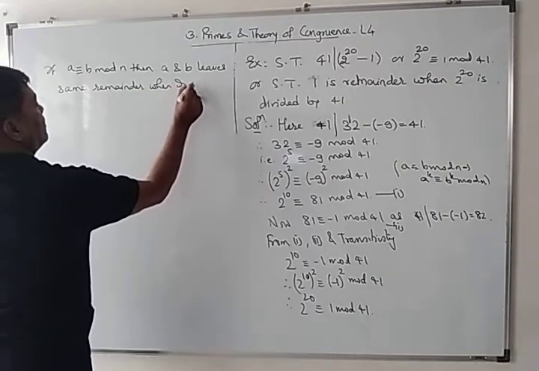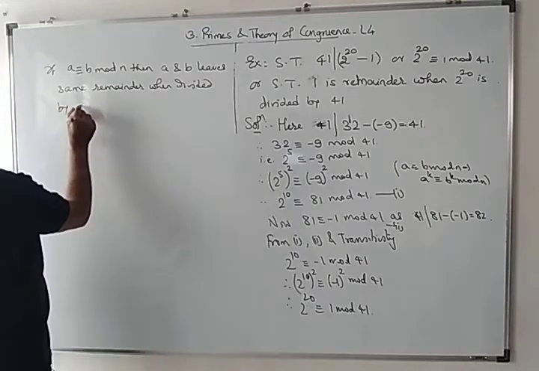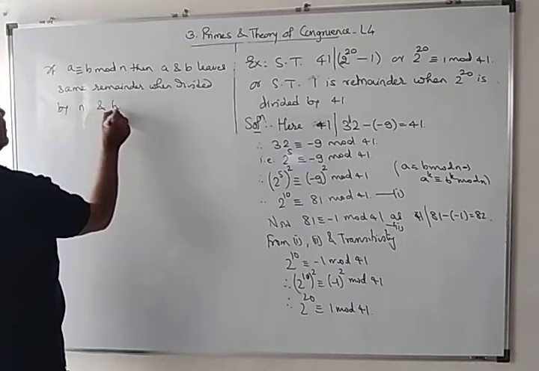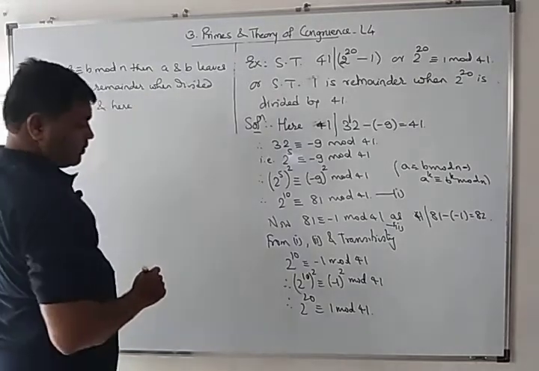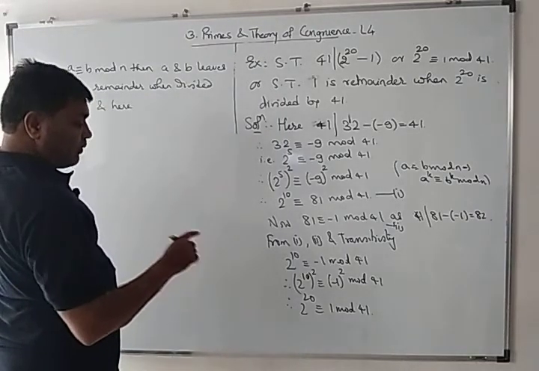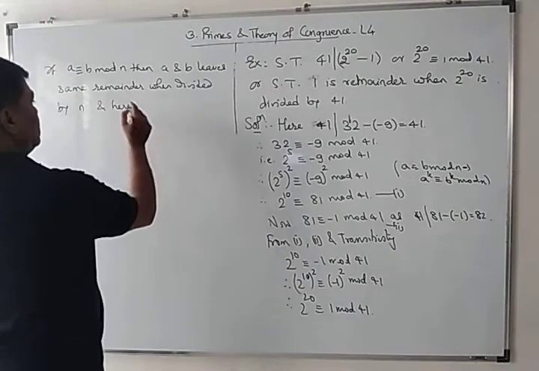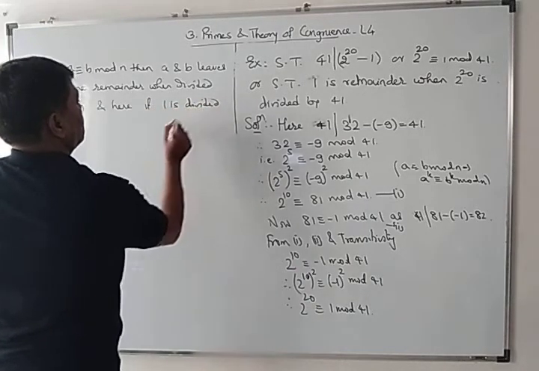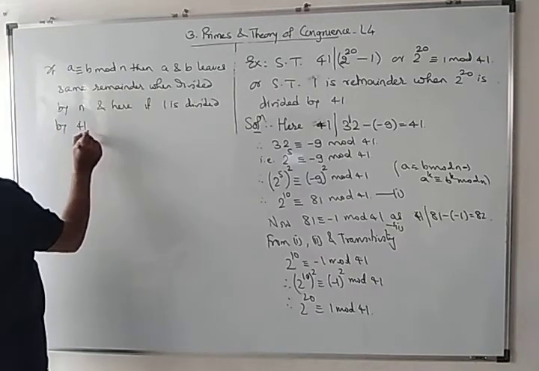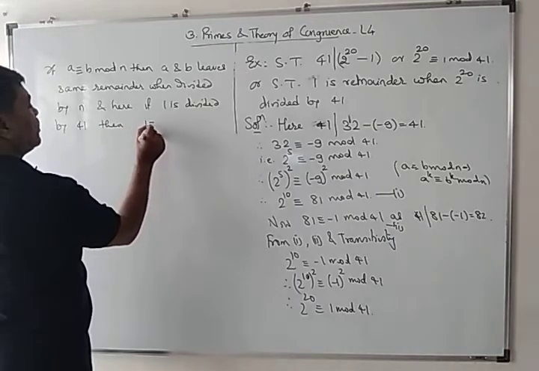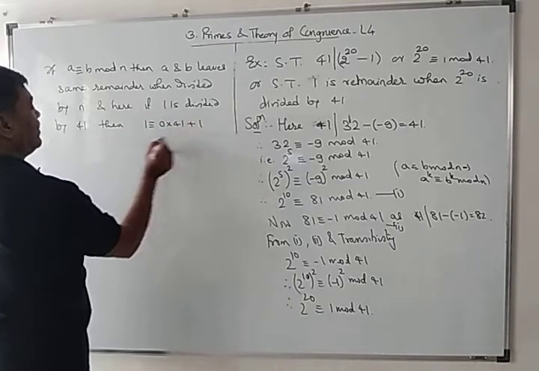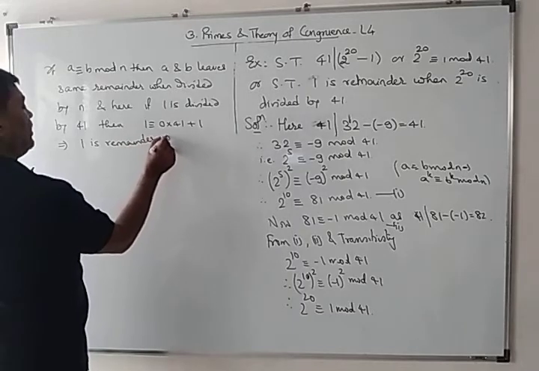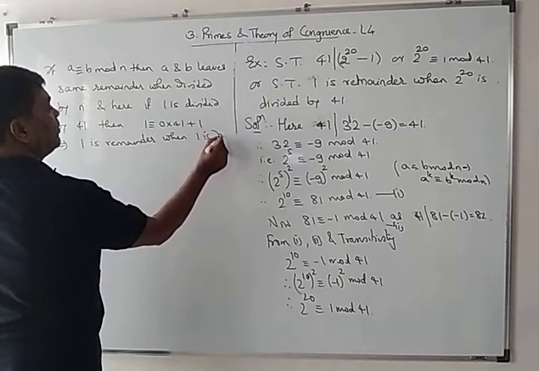Here, if 1 is divided by 41, then 1 is equal to 0 times 41 plus 1, which implies 1 is the remainder when 1 is divided by 41.